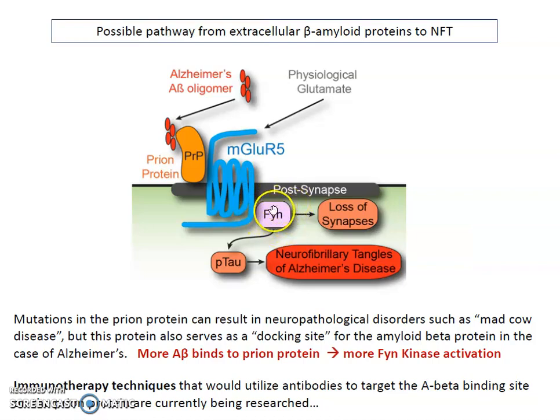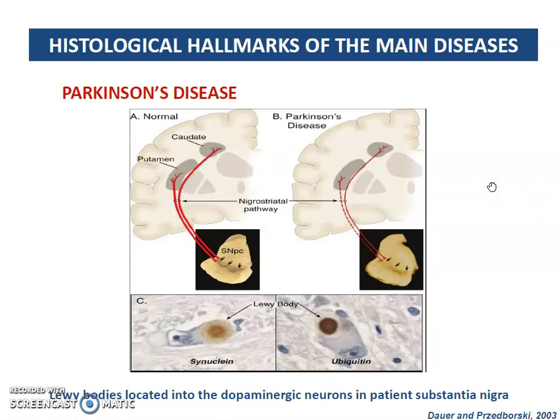The kinase activation leads to the loss of synapse, and at the same time the degeneration of the p-tau protein, and as a consequence the neurofibrillary change of Alzheimer's disease. So the immunotherapy technique that would utilize antibody to target the A beta binding site on the prion protein is currently being researched. So let's move to the next slide.